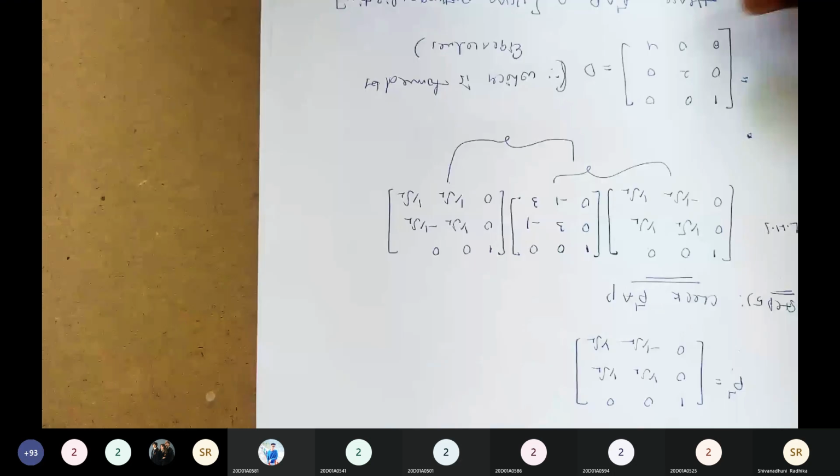Next problem, write down. Diagonalize the matrix.